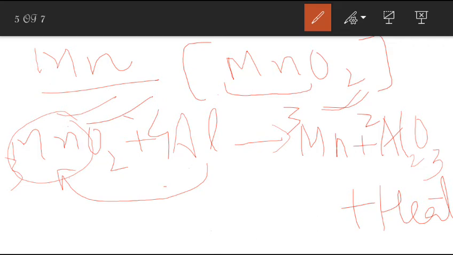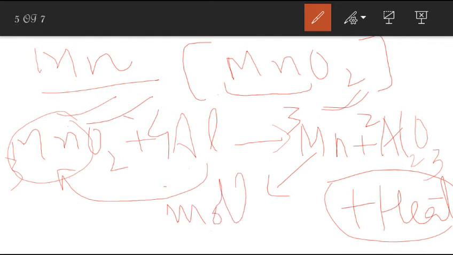You will see that in this reaction a large amount of heat is evolved. So during the reduction of manganese dioxide with aluminum powder, manganese metal is produced in molten state. It is not produced in solid state, it is produced in liquid state, because a large amount of heat is evolved in this reaction.